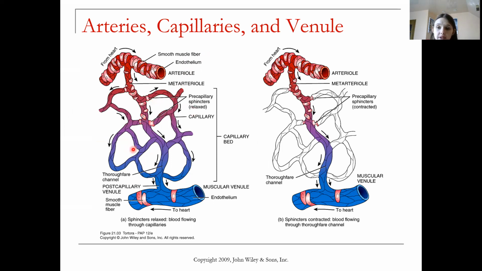Then there is a capillary network. After that, blood will flow through the postcapillary venule, toward the venules and veins, and directly to the heart.